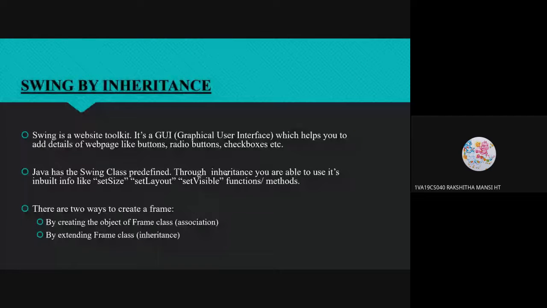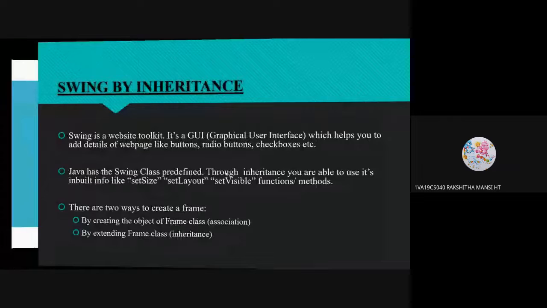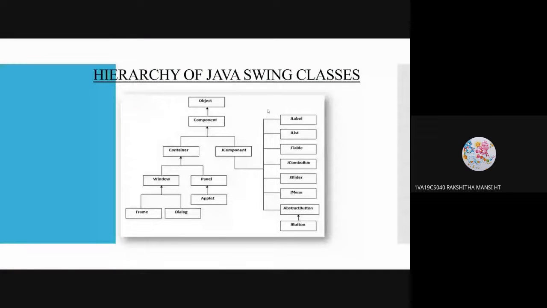So here, let's have a look at this hierarchy of the Swing classes in Java. Everything in Swing is components and containers, and the hierarchy is shown in this image.